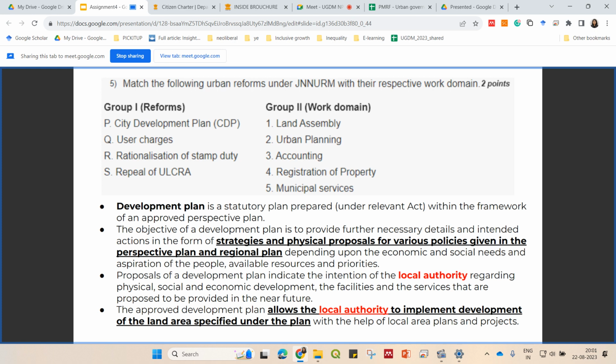But the development of the CDP, or the city development plan, always reflects the intention of the local authority. The approved development plan allows the local authority to implement the development of land and area specified under the plan. So it will always follow the various policies and vision in the perspective plan, but again it will be based on the intention of the local authority.